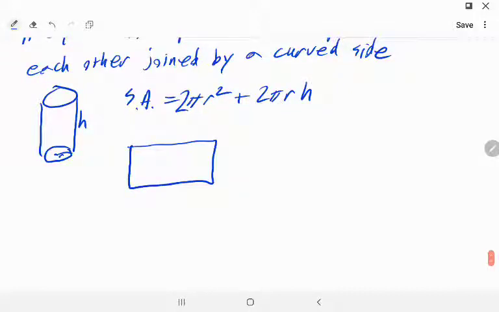We can essentially unroll it, and there'll be a rectangle of height h and a width of 2 pi r. And so now the area of that, we call that the lateral surface. Lateral area equals 2 pi r times h.